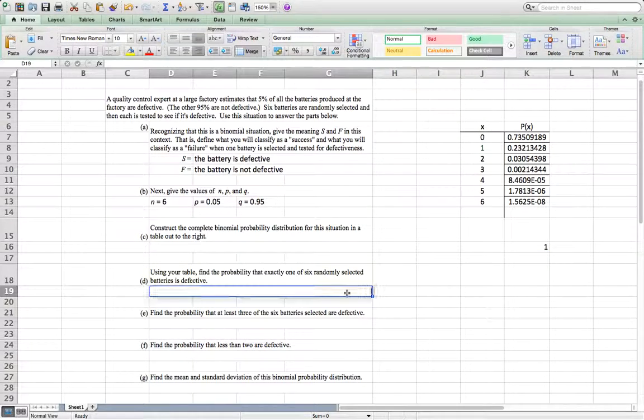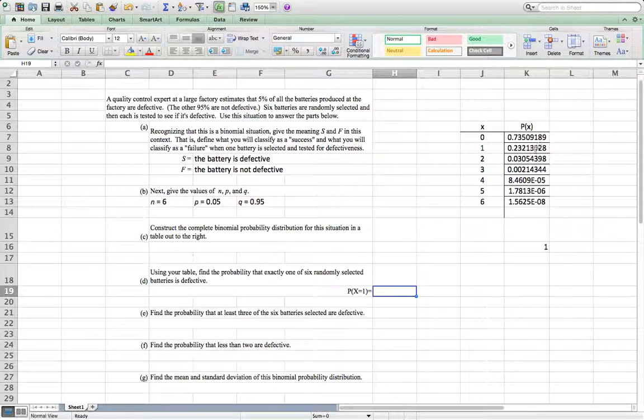So you need to find P(x equals 1). Of course, you can get it directly from the table, which equals K8. This is the probability.